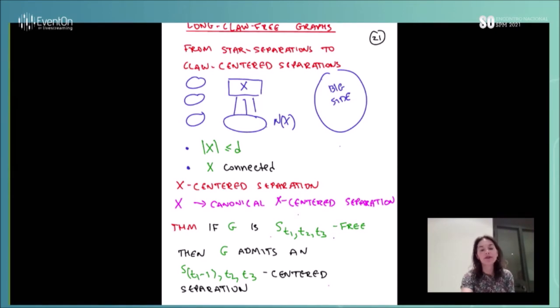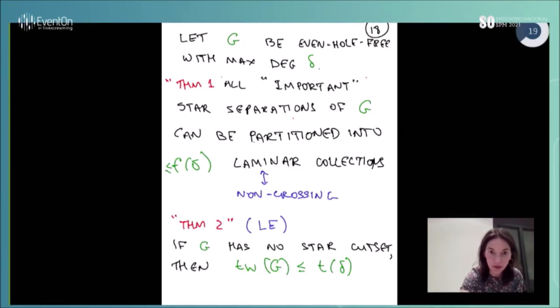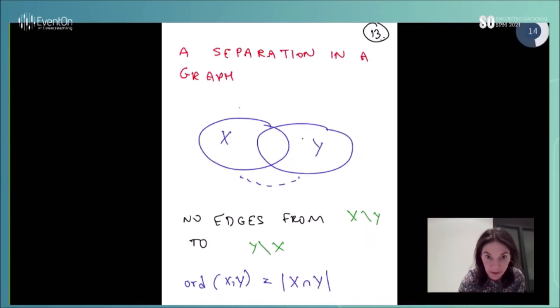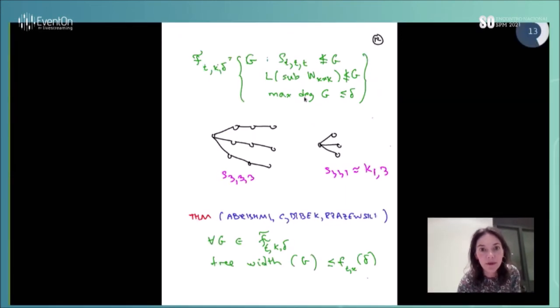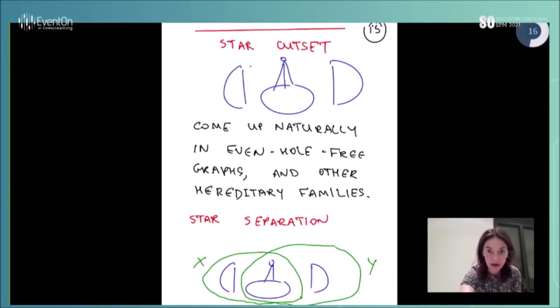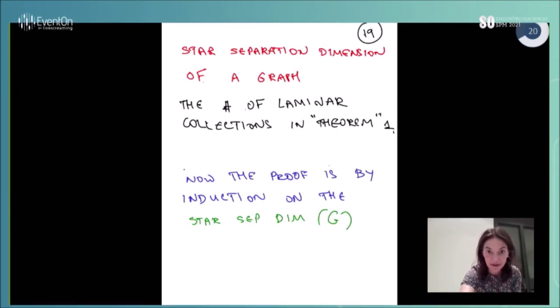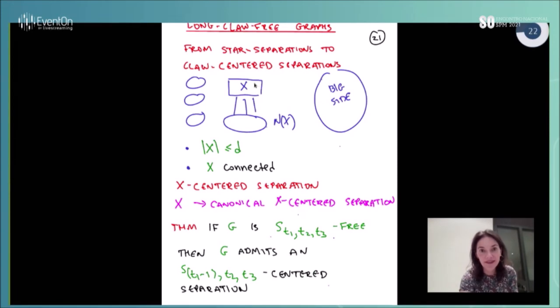And it turns out you can do more or less the same thing to prove the other theorem. So that was a summary of the proof of this theorem, that if you forbid induced even cycles, the tree width is bounded. The proof of this theorem works similarly, except instead of having star cut sets, you have cut sets that are centered at a bounded length claw.